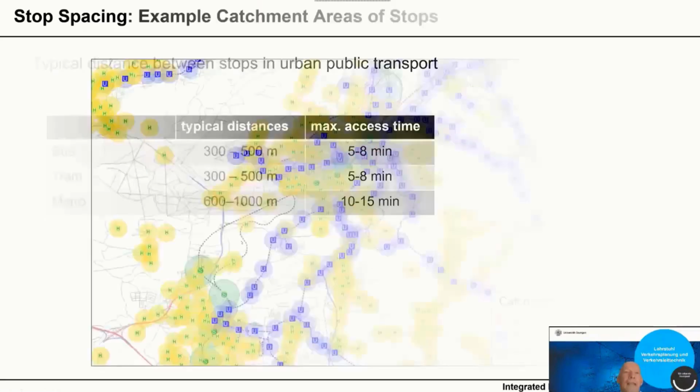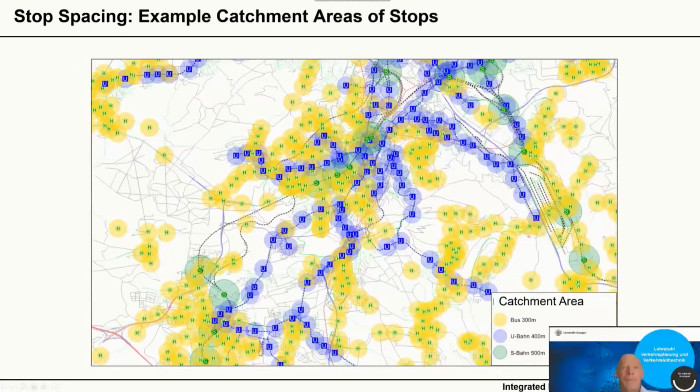And what we actually do in planning, if you have a model, once your solution is complete, you have decided on the stop locations, we check the number of inhabitants which are covered by public transport. I showed you yesterday the distribution of population, and with a GIS procedure you intersect with the radius around the stops, and you can have different catchment areas by transport system.